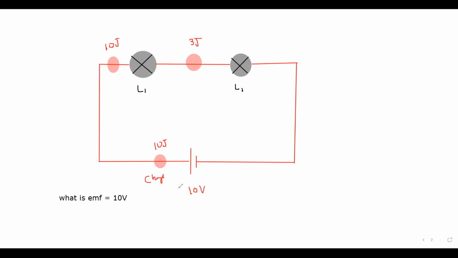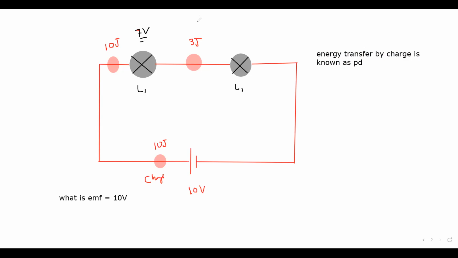It transfers 7 joules. The energy transferred by the charge is known as potential difference. So what is the potential difference here? A charge transfers 7 joules per coulomb, or 7 volts, because 1 coulomb of charge transfers 7 joules of energy.